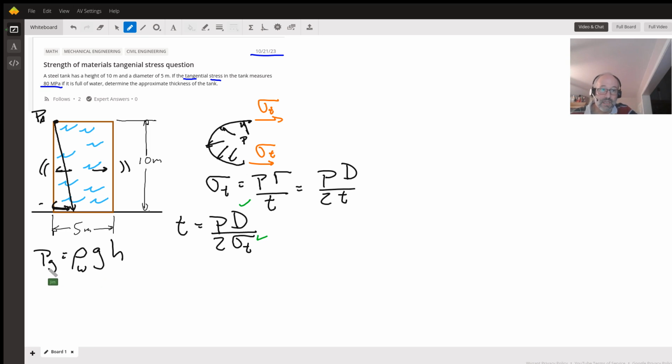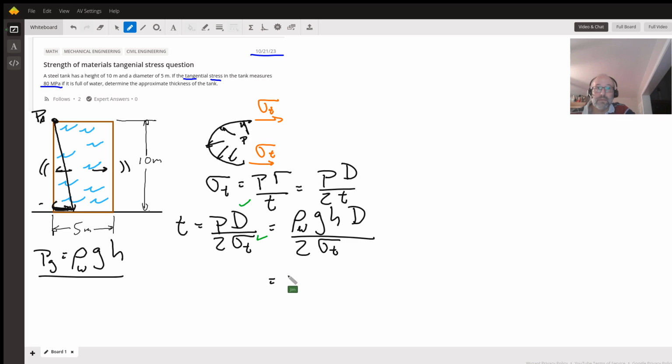That is the change in pressure from the top of a fluid stack to the bottom. And this is the hydrostatic pressure equation. So we throw that into our equation. We have the density of water times G times the height of the water times the diameter of the tank divided by 2 times the tangential stress, and that will give us the thickness of the tank.